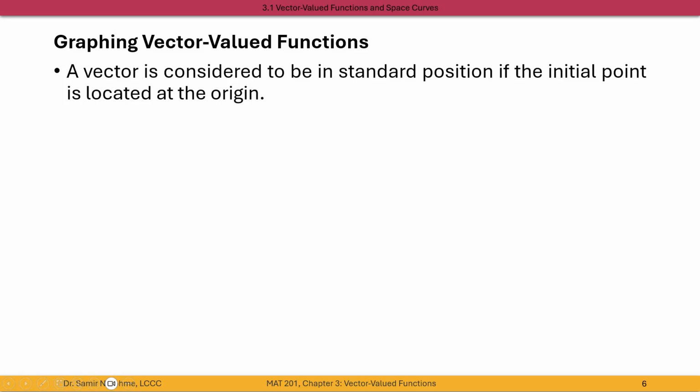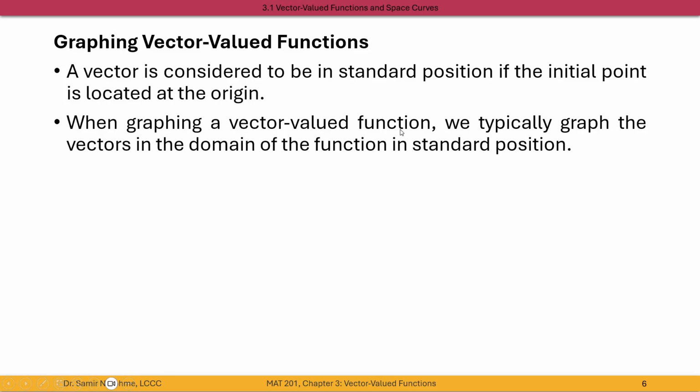A vector is considered to be in standard position if the initial point is located at the origin. We already know this, that a vector drawn or graphed at the origin is called standard position.